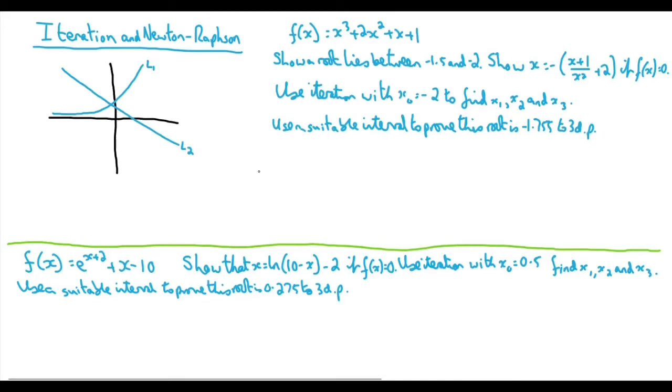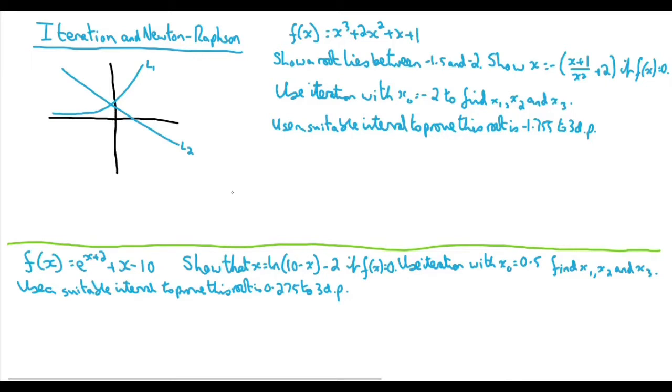Iteration and the Newton-Raphson method are two ways in which we can try to create approximations for a point or solution of a curve or intersecting curves. In the case of iteration, we will end up having an equation which is x equals some other expression which also contains x.